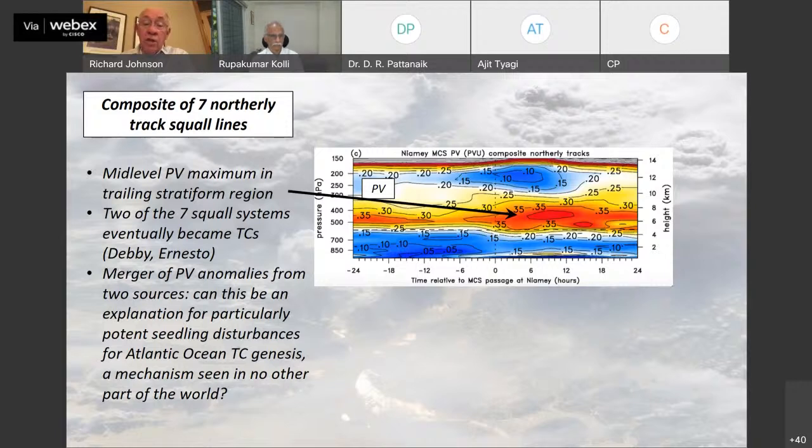So you get an expansion and strengthening of the PV anomaly, which could potentially provide more potent seedling disturbances for Atlantic tropical cyclone genesis. Perhaps a mechanism seen in the northern part of the world because of the unique situation over West Africa. So the last slide is this one here.